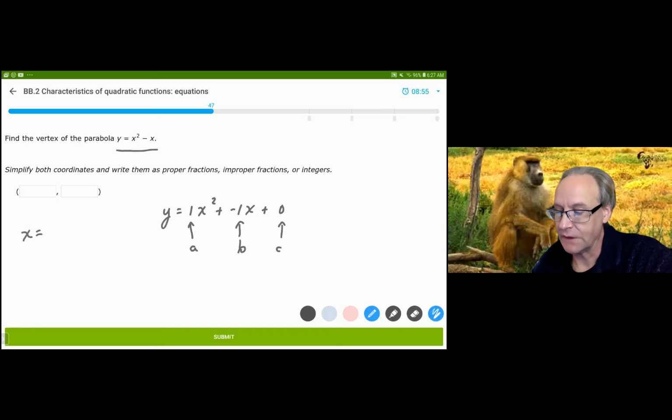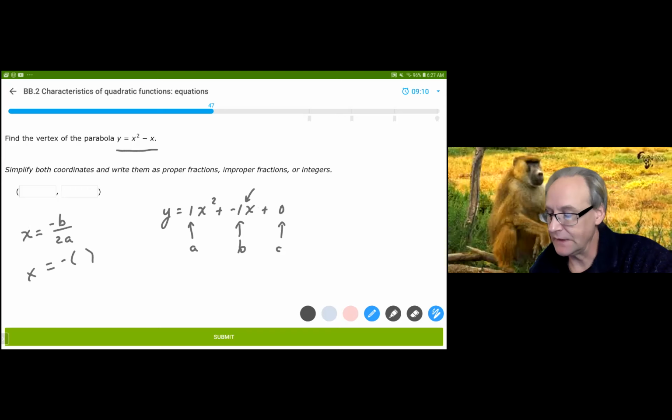My vertex is always at negative b over 2a. Always, never an exception. So I have a negative. Be careful. This is really easy to make a mistake. B is negative 1, but that negative is in front of the B, which means that I'm talking about the opposite of negative 1.